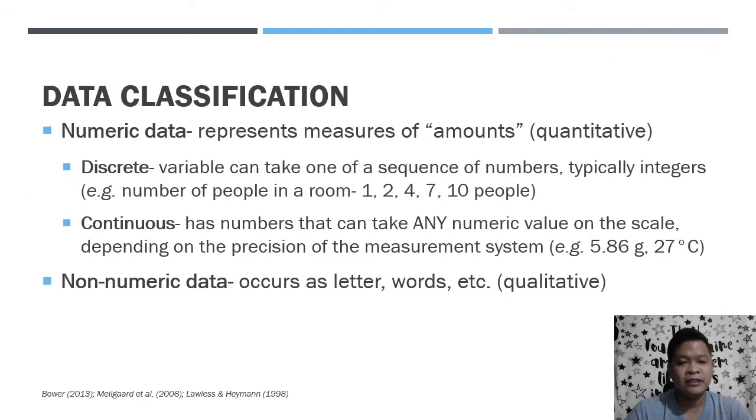So generally, sensory evaluation data are classified into two types: numeric and non-numeric. So when you have numeric data, this could either be discrete, such as if you're gonna be asked how many times do you eat rice in a day as part of your demographic questionnaire, then you couldn't really answer 1.5, right? It doesn't mean anything.